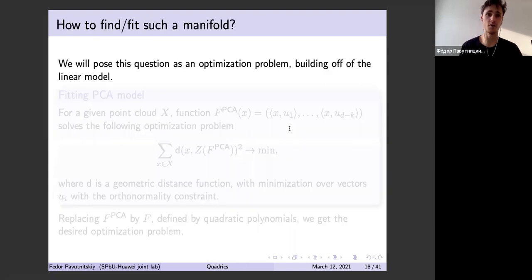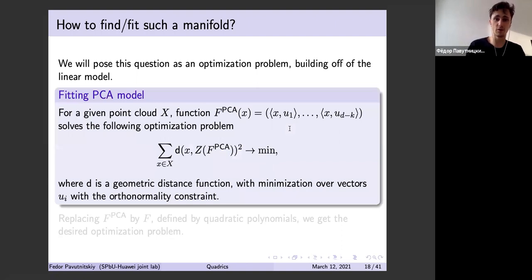So now, after we understand how we will present the model, and after we have a particular choice of the function by quadratic polynomials, how do we find the coefficients of this quadratic polynomial, how do we fit the manifold to data? Again, we will build off of the linear model, so we will try to understand how PCA works and try to get this intuition to the Quadric model.